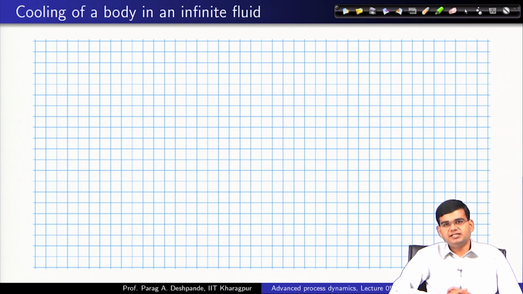Then we studied the behavior of first order linear autonomous systems, and then we took up a physical example of cooling of a body. And then what we realized was that all the principles that we studied for the analysis of dynamics of a very simple equation of the form dx by dt is equal to a x can in fact be realized for a physical system as well.